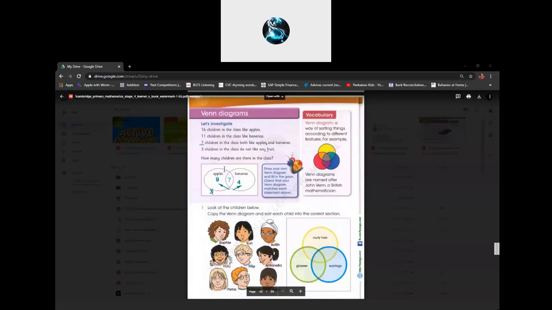The outside of this part means none of the people like any fruit. So 3 people don't like any fruit, so 3 goes outside this Venn diagram.